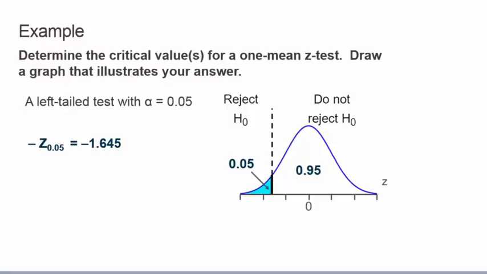Again, since I have a negative in front of my z sub 0.05, I also put a negative in front of 1.645.